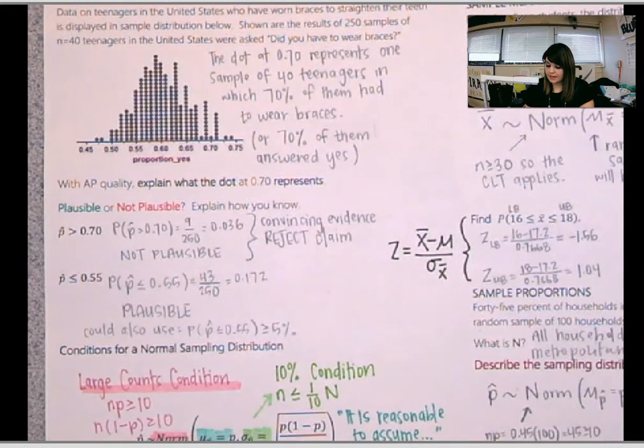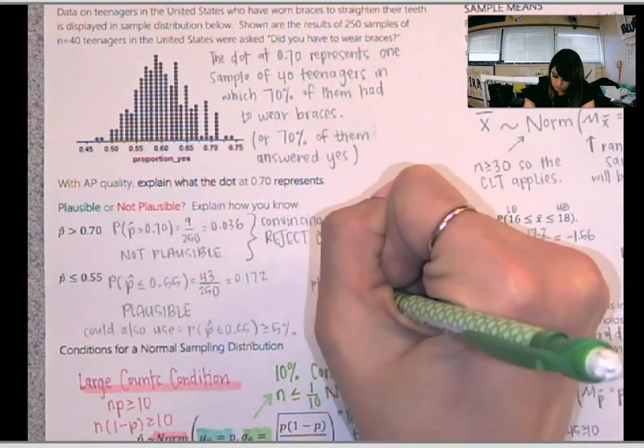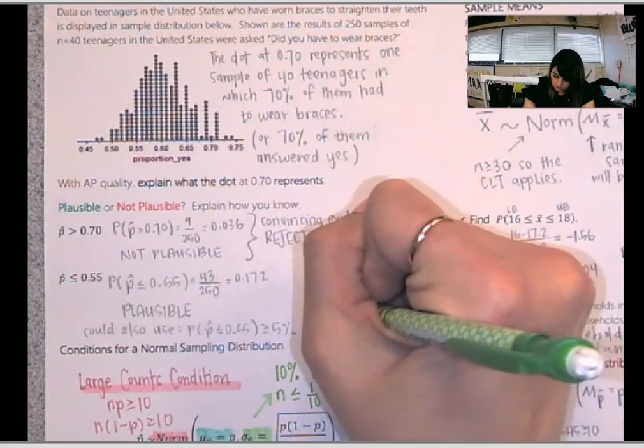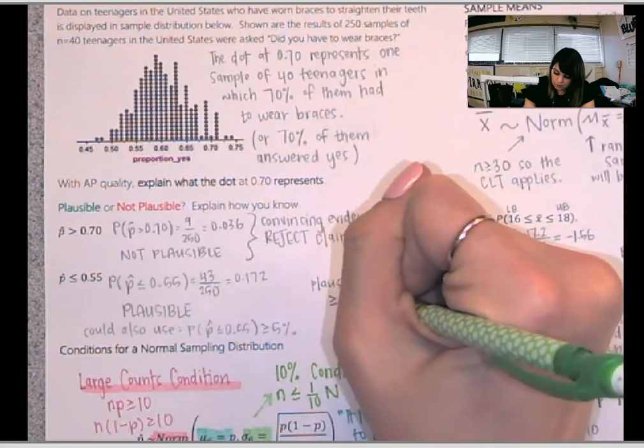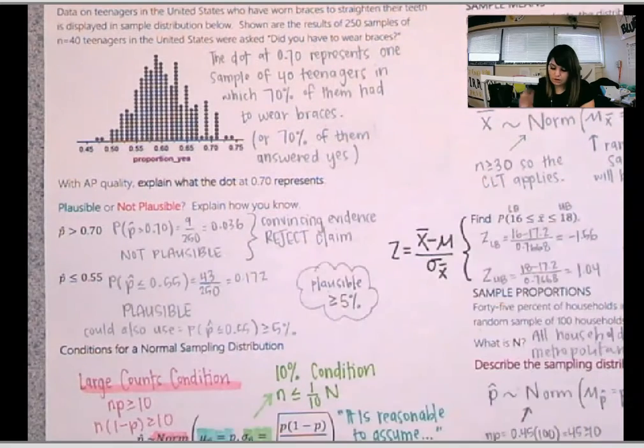So plausible, I guess I could add this in, is greater than or equal to 5%. Not plausible is any value less than that.